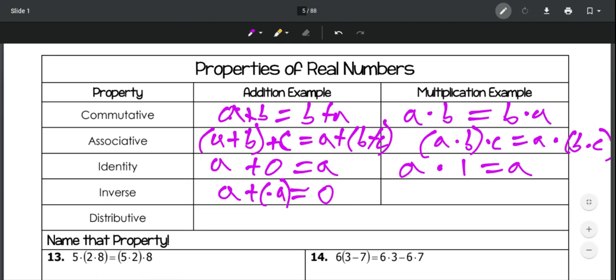Now for the multiplication inverse, same thing applies. We want to start out with a or any number. We want to get 1 back out of it. So what can we multiply a by? We're going to multiply it by 1 over a.